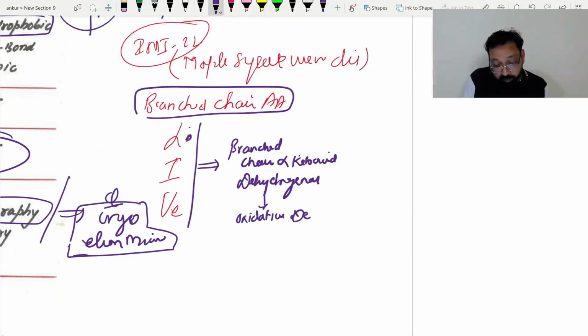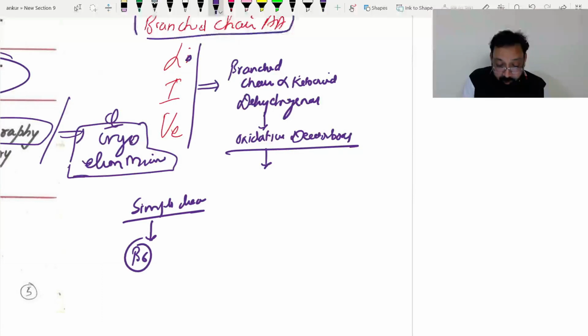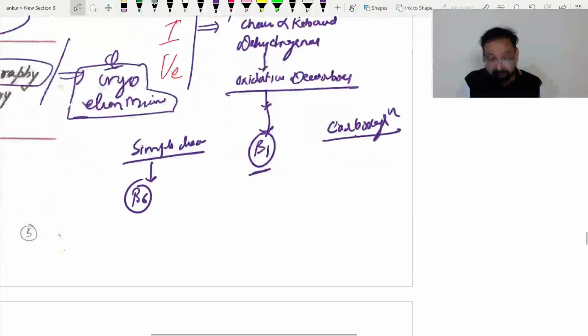Oxidative decarboxylation, remember. I write here: simple decarboxylation, cofactor, yes, repeat, B6. Oxidative decarboxylation of alpha keto acid, B1. Cofactor for carboxylation, joining of carbon dioxide, that is biotin.